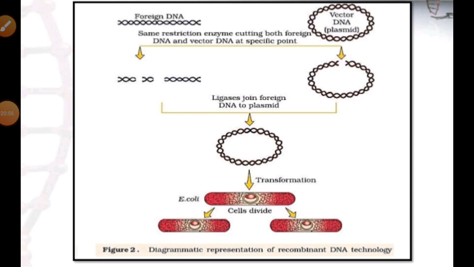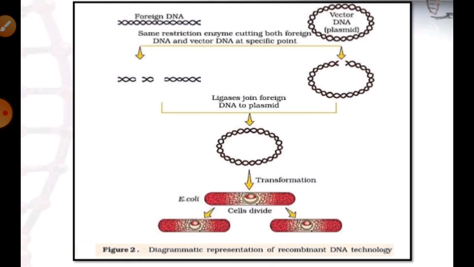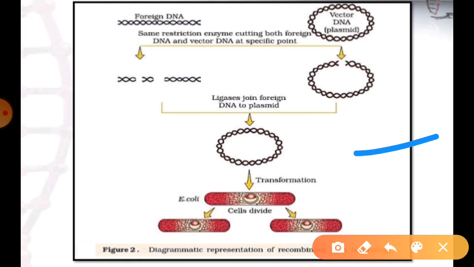If you have not understood, you can contact me or give me a call, and I will again try to clarify all these topics. Students, you must complete your notes with the diagrams also, because many times this diagram is asked in the examination.